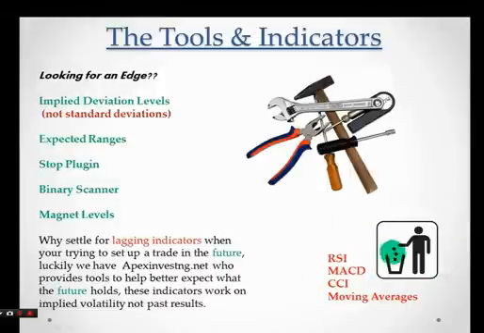I got the RSI, the MACD, the CCI, the moving averages, and I have my lovely little man here throwing garbage into a can because you can take all of those and throw them in the garbage can. The reason for that is those are all lagging indicators. And when you're trying to set up trades into the future, what good is a lagging indicator going to do for you? Not very good.